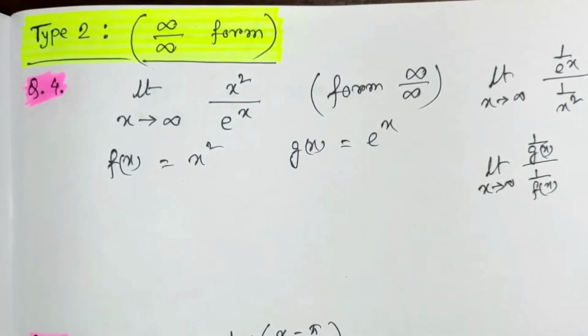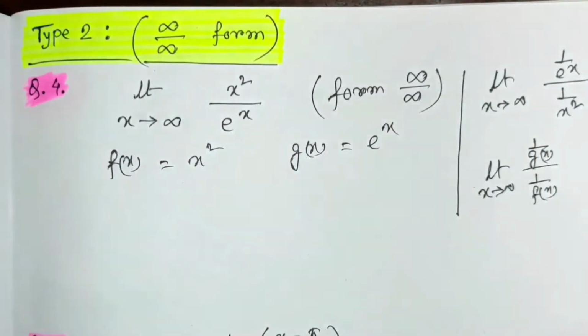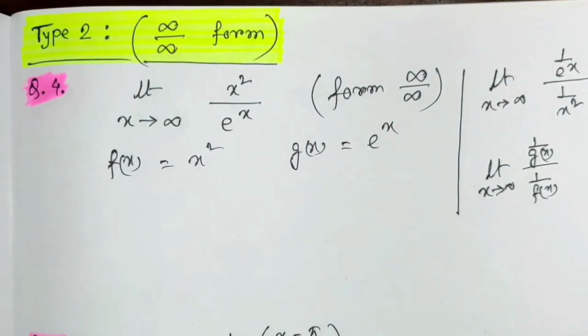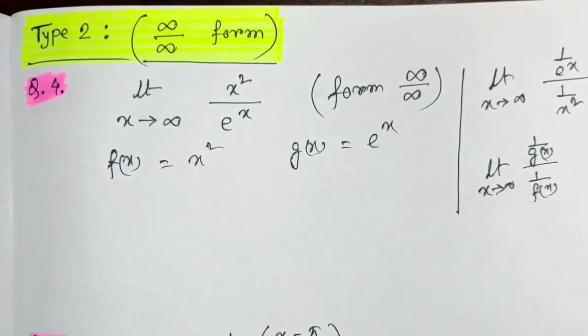So if we know the 0 by 0 form only, then by the same process we can solve this limit. Otherwise, the infinity by infinity form itself can also be solved in a similar manner as we solve the 0 by 0 form. How to solve? Gradually I am coming. Just let me show you a few examples, and we should identify initially in which format these are. After that we are going to solve all those.